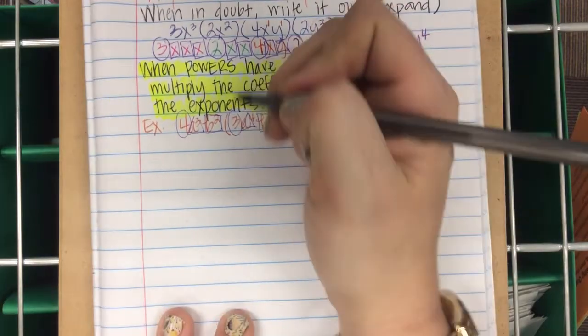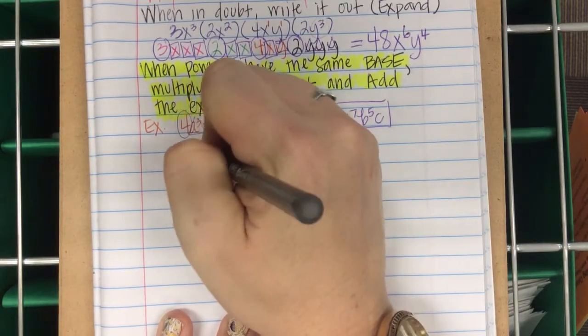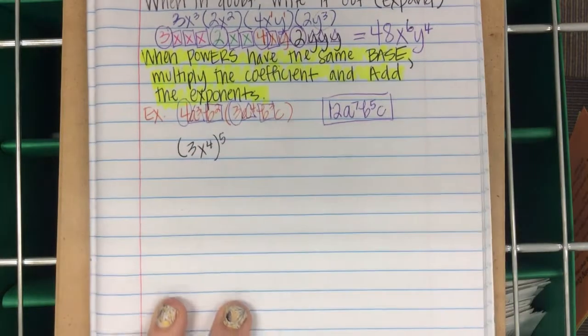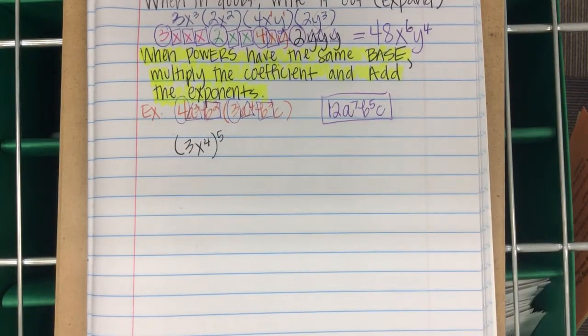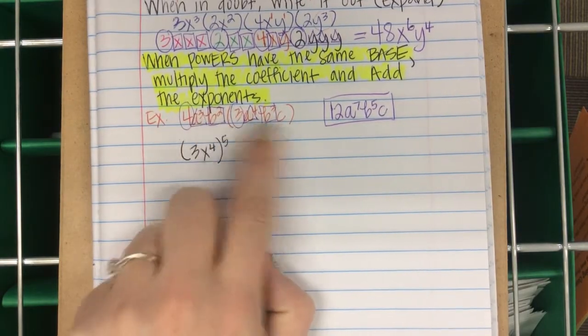Here's another example. 3x to the 4th, to the 5th. I don't know what to do with this. I've never had a double exponent. Up here, they're all separated, right?